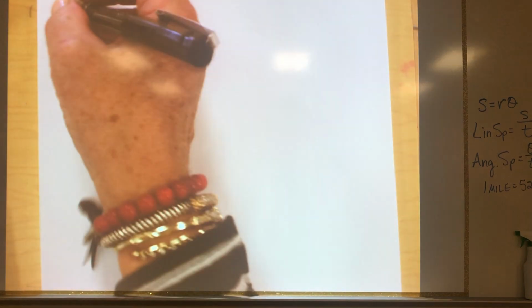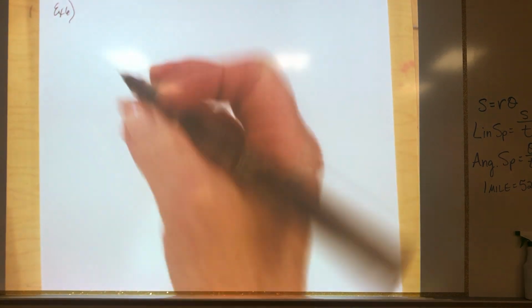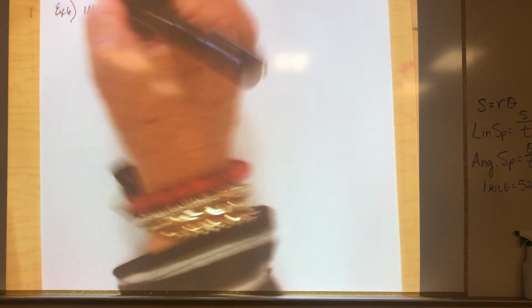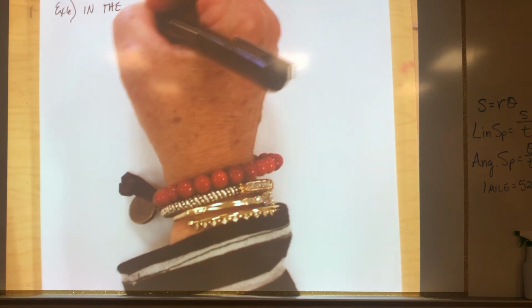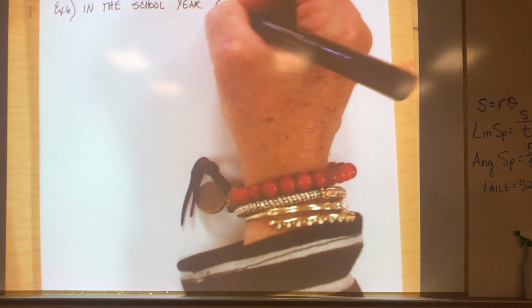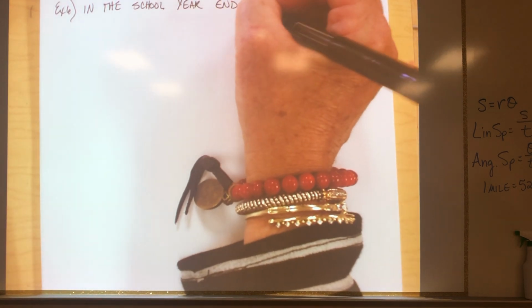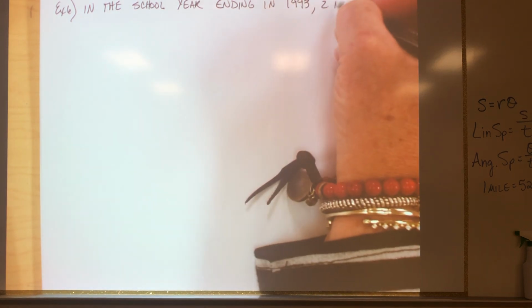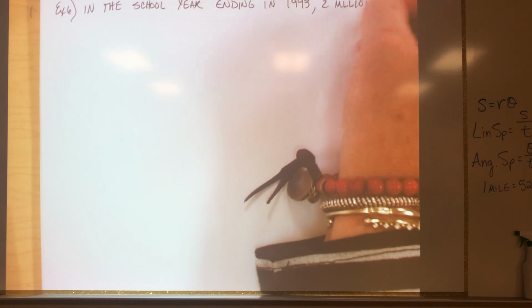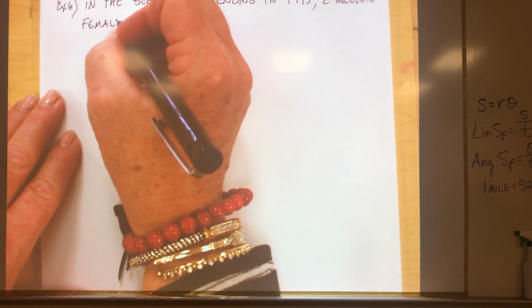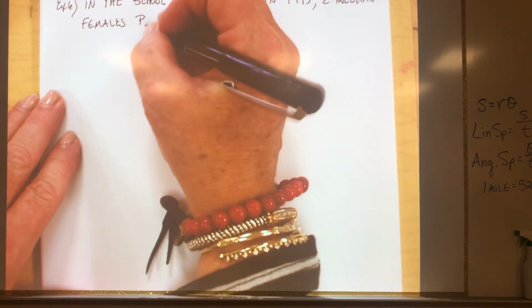All right, so here's example 6. This is the last problem in 2.4. Okay, it's a word problem because there are word problems at the end. We're gonna talk about those too. So in the school year ending in 1993, 2 million females participated in high school sports.